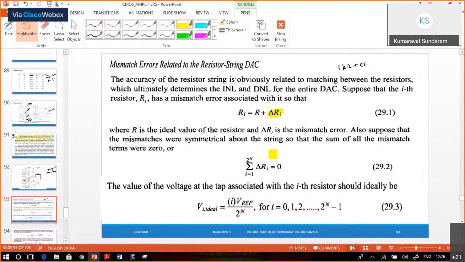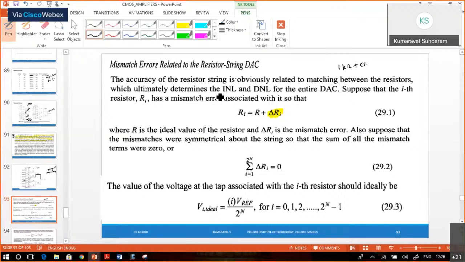If all the mismatch is 0, then there is no issue on the mismatch. But ideally, it's not possible, right? So we need to calculate the issues with respect to this mismatch.